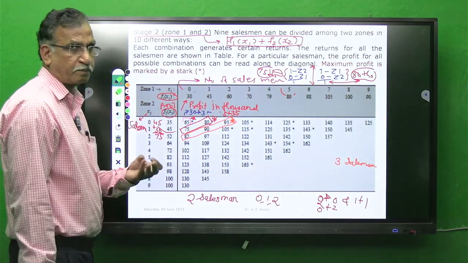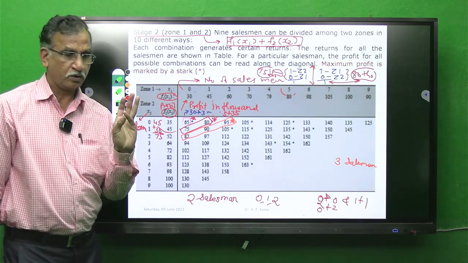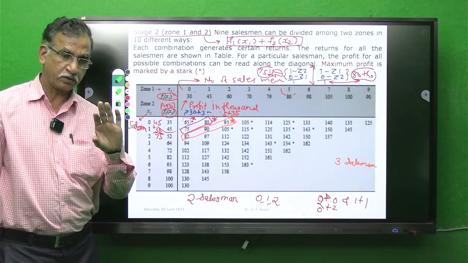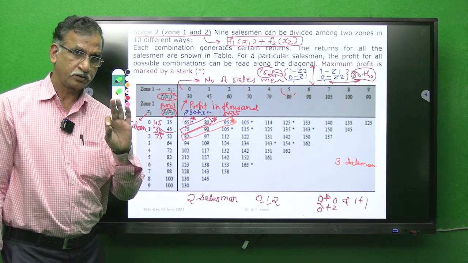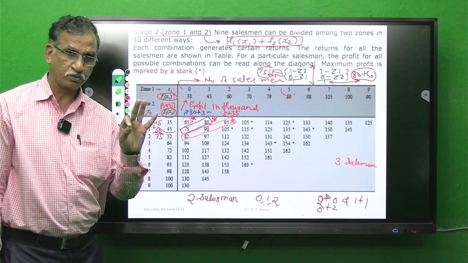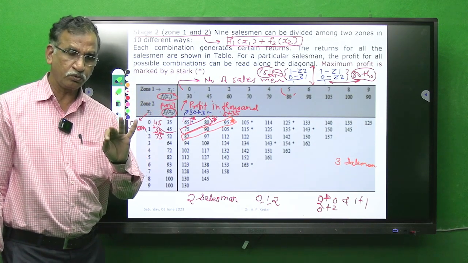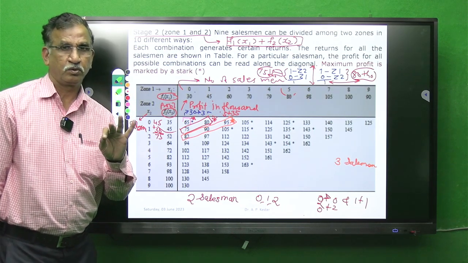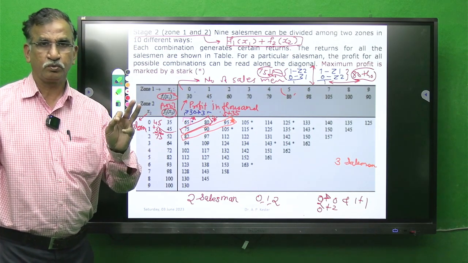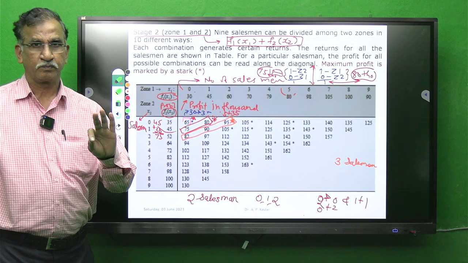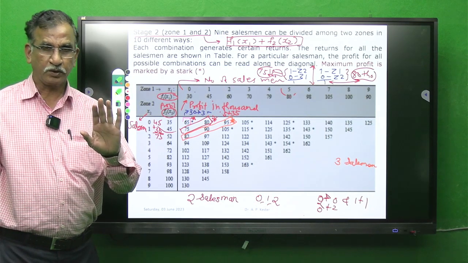So it will be Z1 3, Z2 0, then Z1 2, Z2 1. Got it?